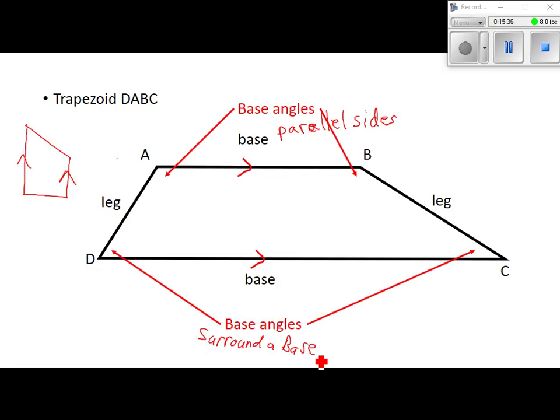There's two separate pairs of them. Used to be that I called them lower base angles and upper base angles. But then that confused Aiden because as soon as the shape gets turned like this, now they're on the sides instead of lower and upper, so I quit doing that. So you have two pairs of base angles.